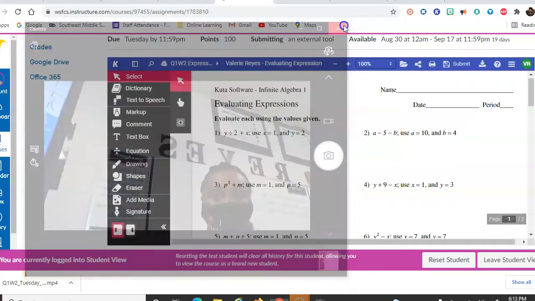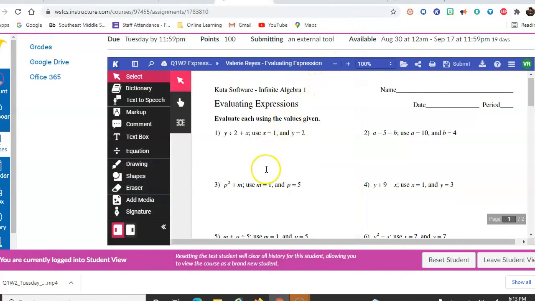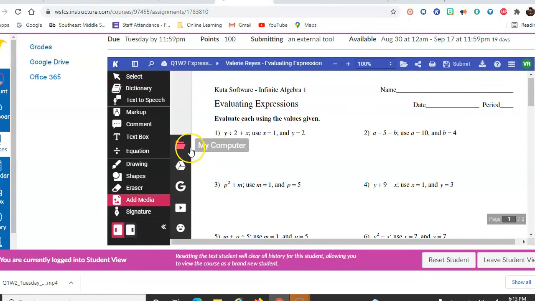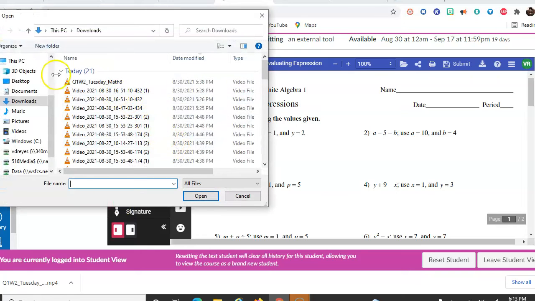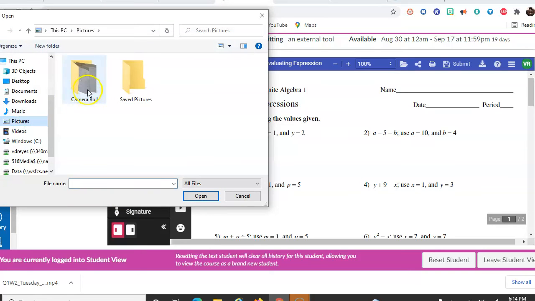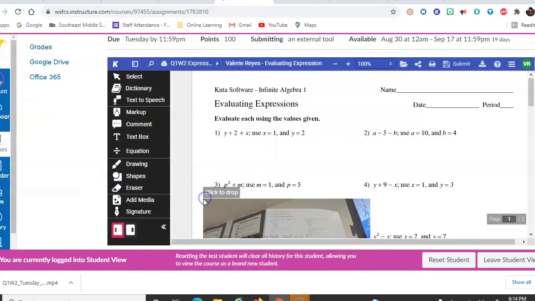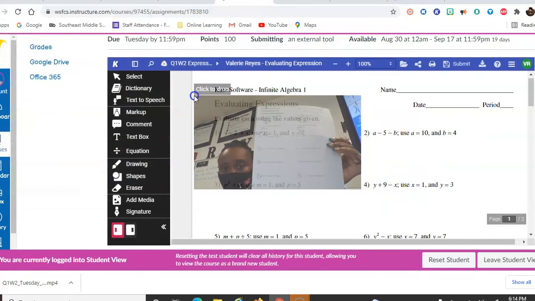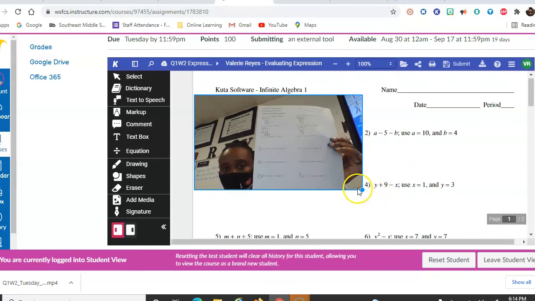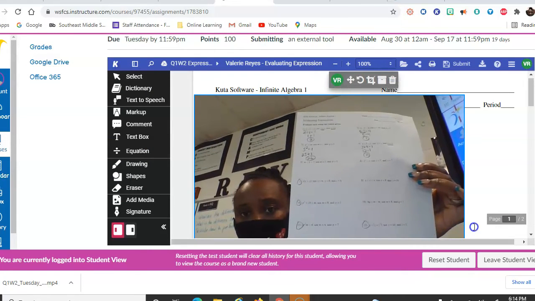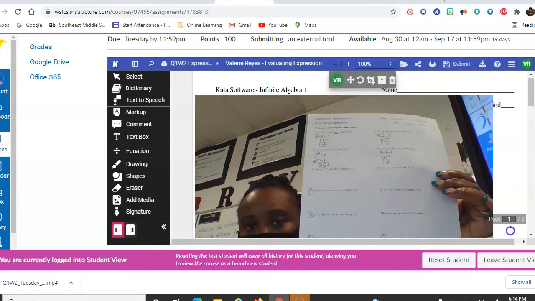Okay, so now I can close it up. Now I am going to go here and add media. I'm going to go to my pictures, camera roll. Pictures are on the bottom. Put them in the order that you want me to see them. Do the first page first, make it bigger. Make sure I can see it.